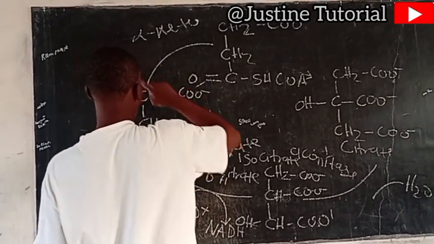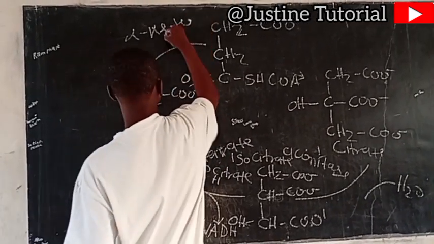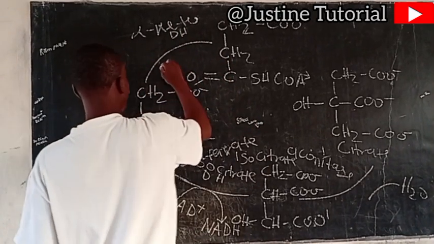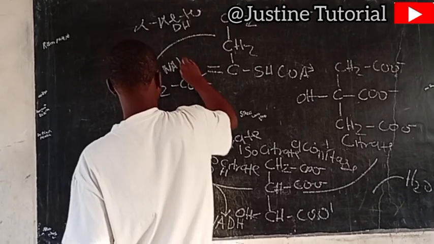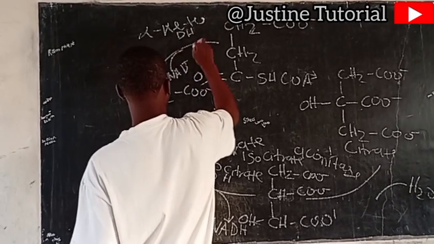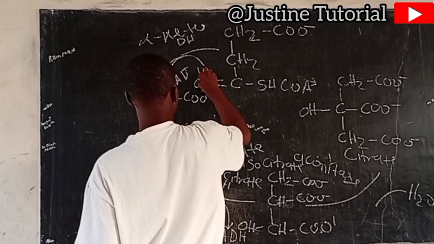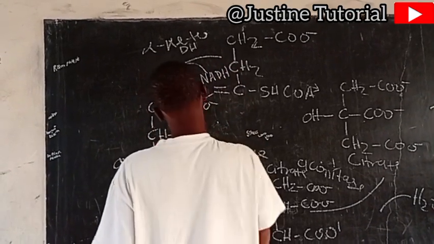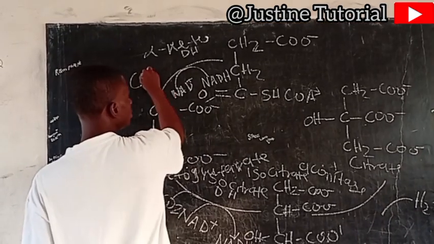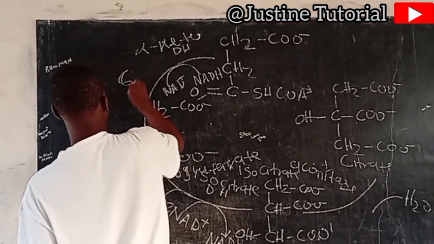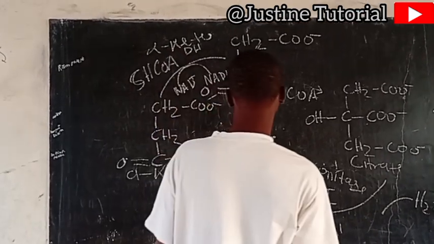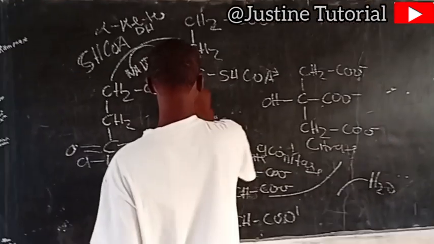Also, as I said earlier, NAD positive will come and acquire a hydride and become NADH. Also, this enzyme will add a coenzyme A, a disulfide bond and a coenzyme to the reaction, forming succinyl-CoA.